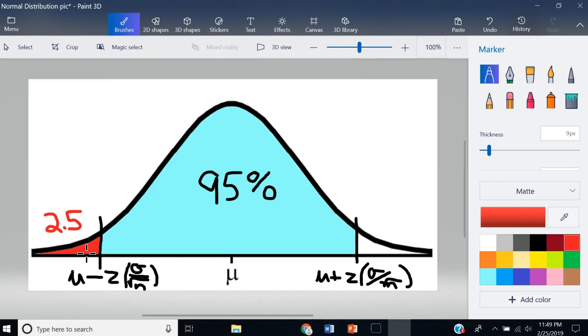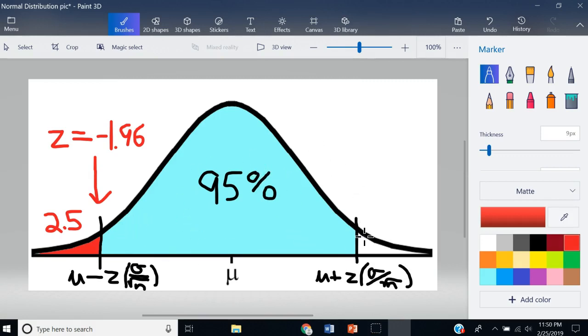And what we get is that this z value here would have to be a negative 1.96. So that's what I get for this z value. And again, that came out from 95% in the middle.